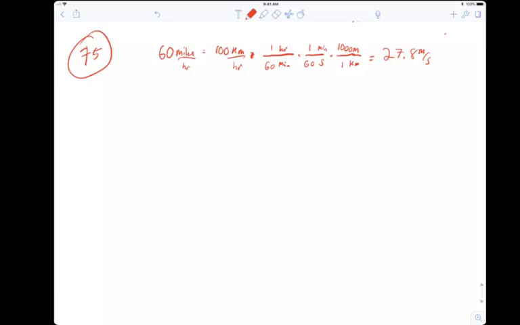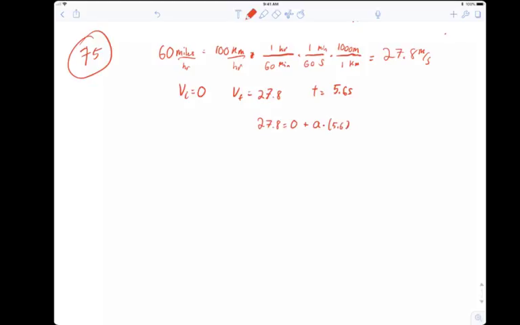Okay, so how much acceleration is the car at? The car goes from 0 to 27.8 in a time of... So we want to know what the acceleration is. 27.8 is equal to 0 plus a times 5.6.